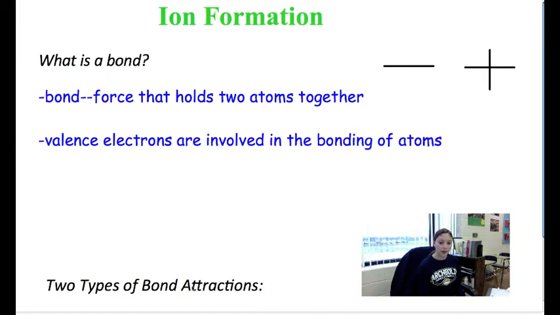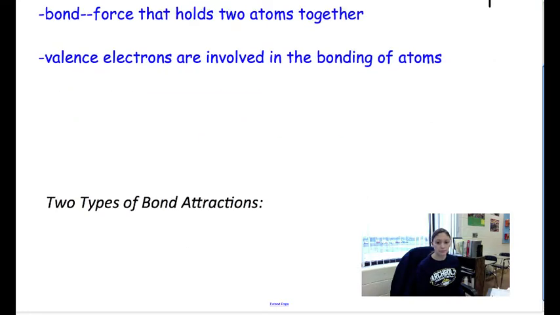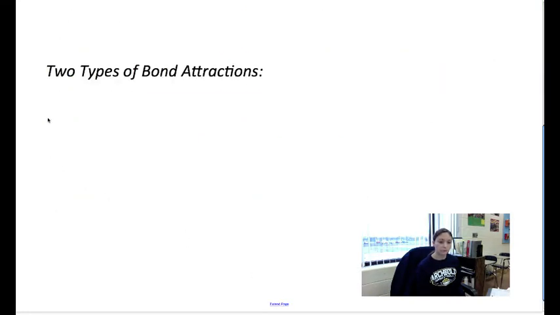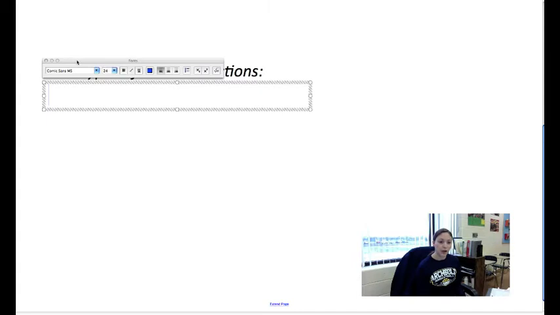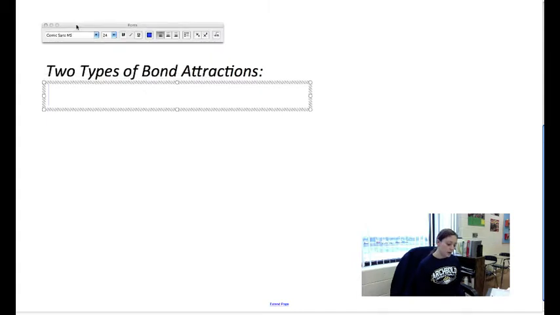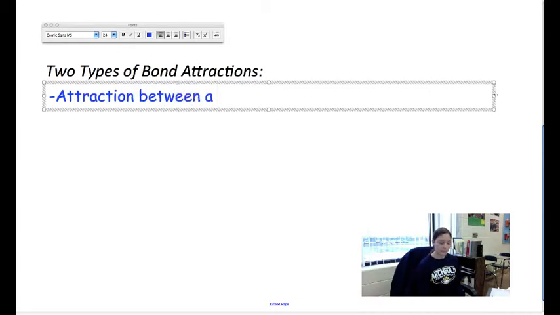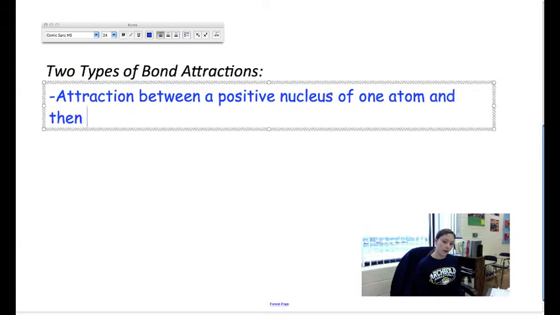So when we look at bonding, there are two types of bond attractions. The first type is the attraction between a positive nucleus and then the negative electron of another.